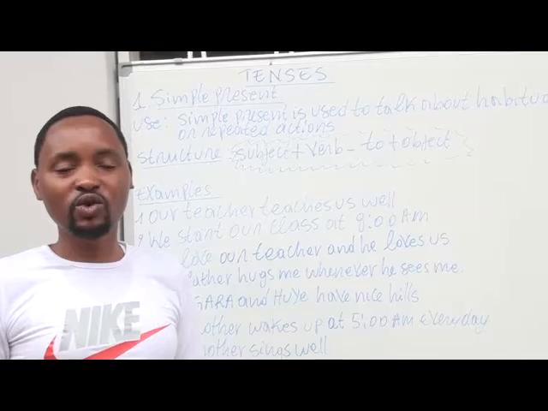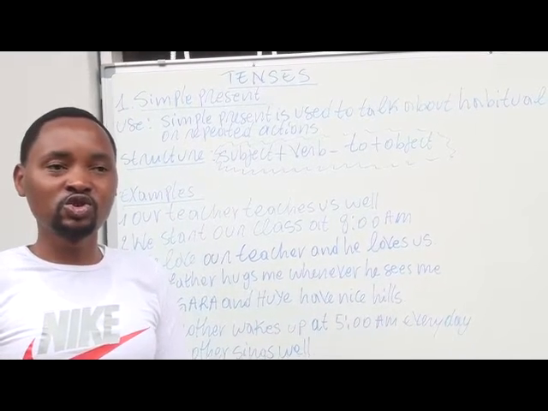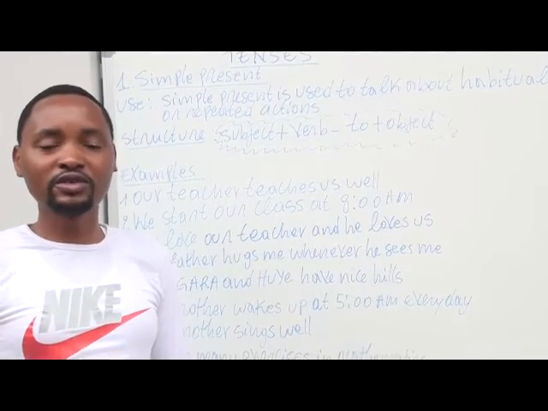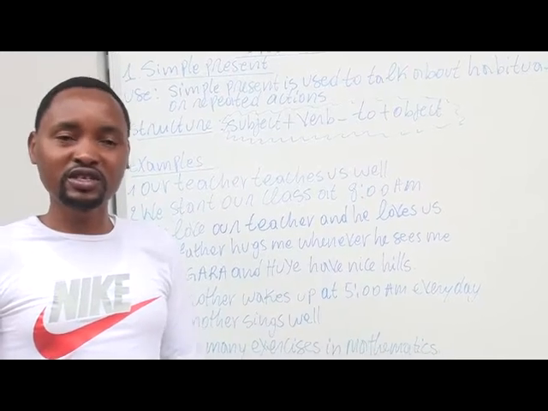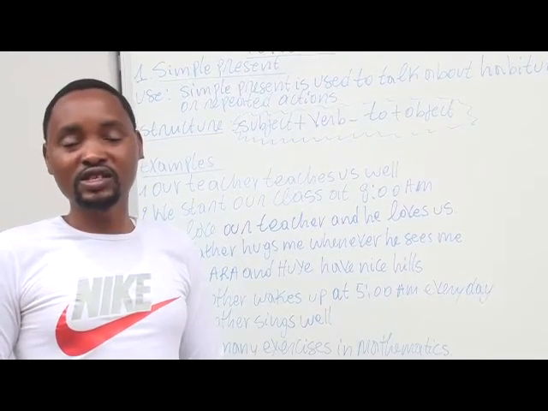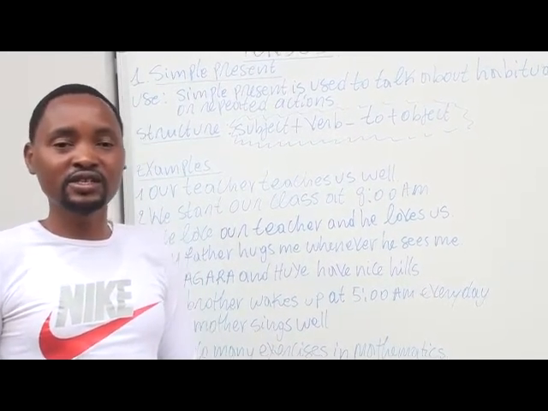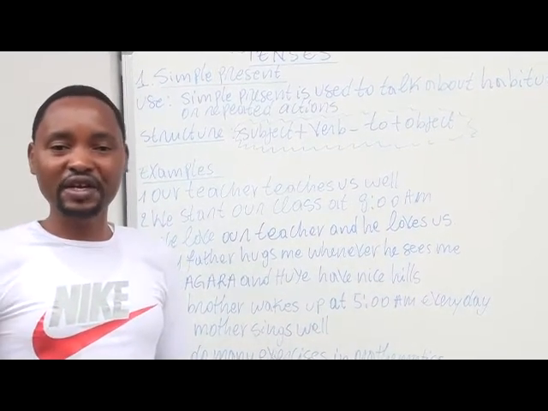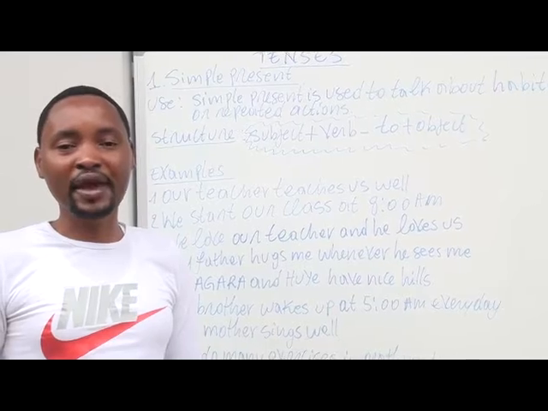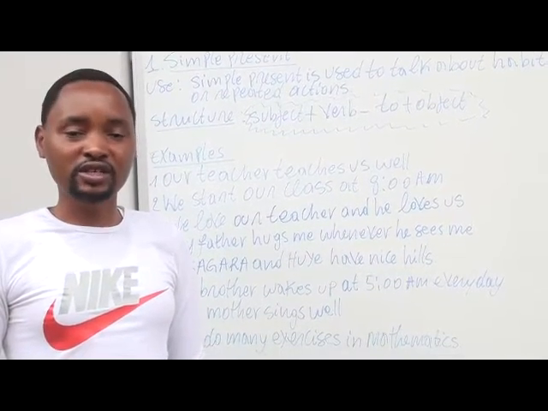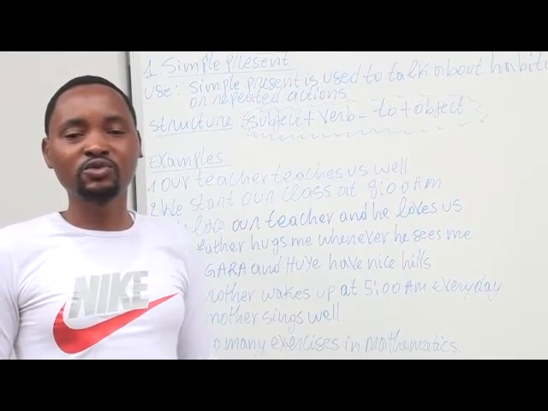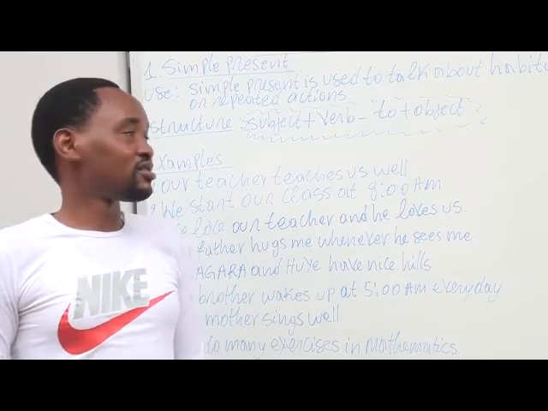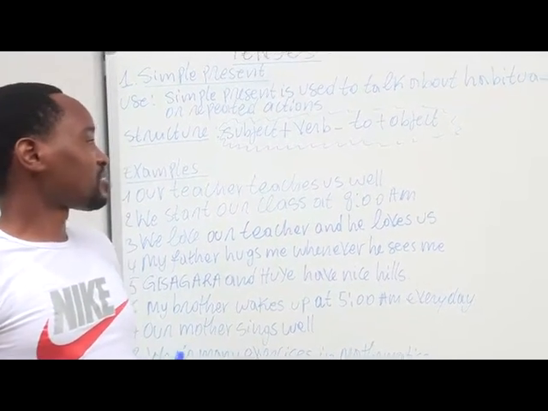So when we want to talk about the things we do as our habit, which are repeated, we use simple present as a tense. Now you can wonder how to make simple present. It is very easy. We only take subject.